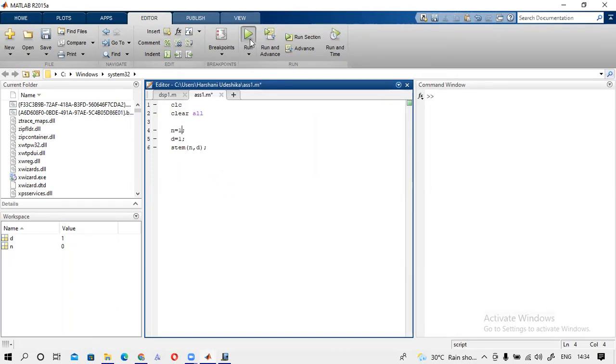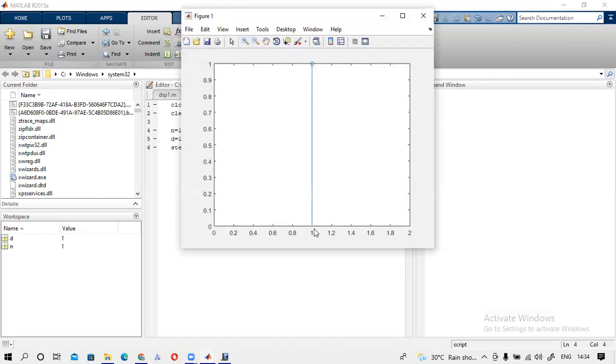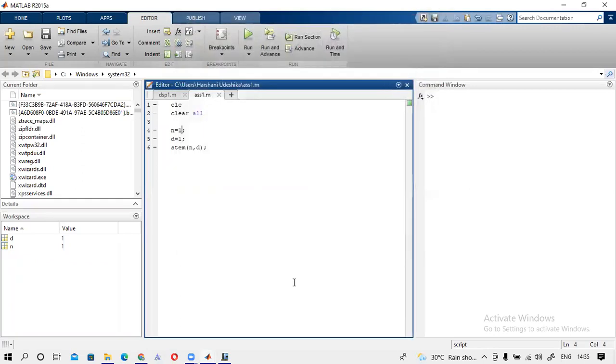If you plot this, now the impulse is here. So this is delta n minus 1, no? Likewise you can plot any unit impulse.